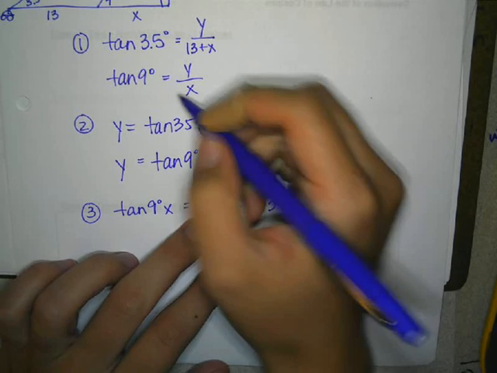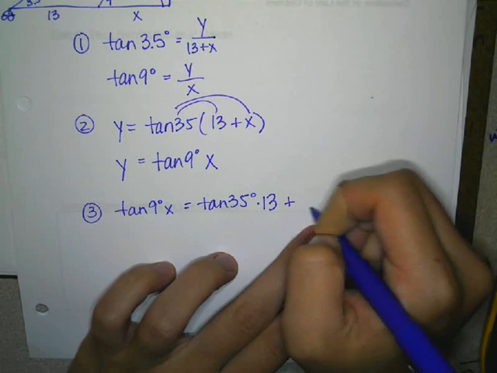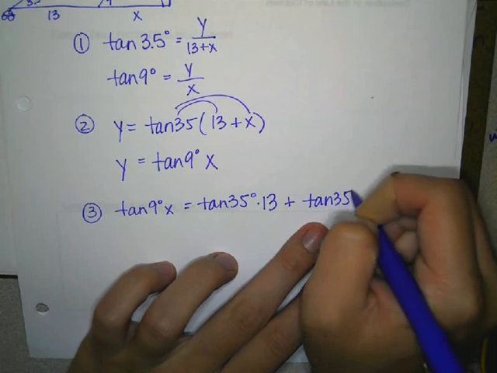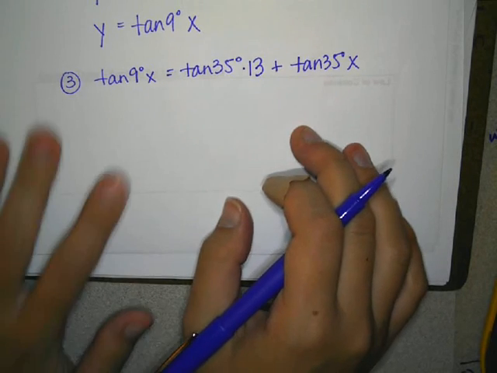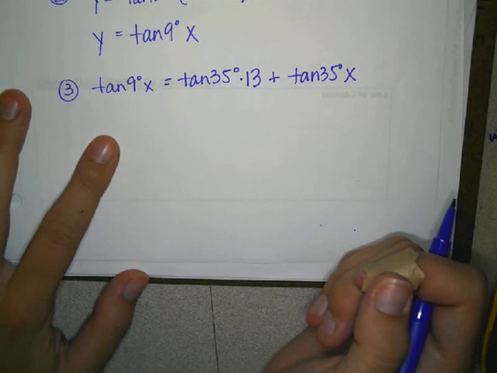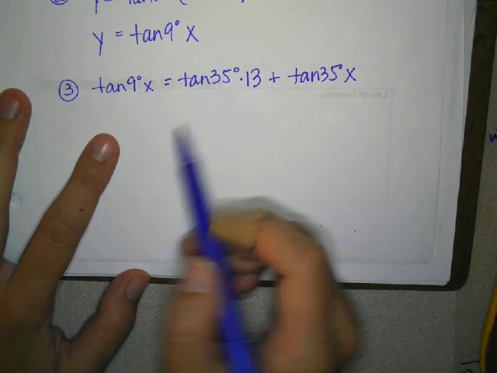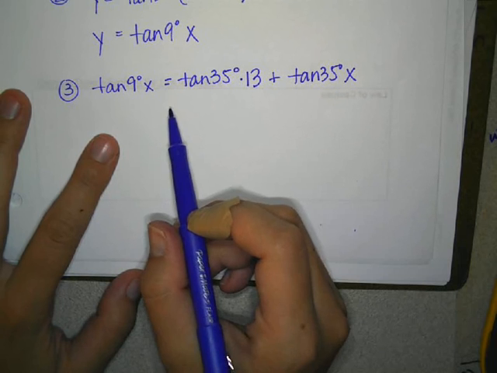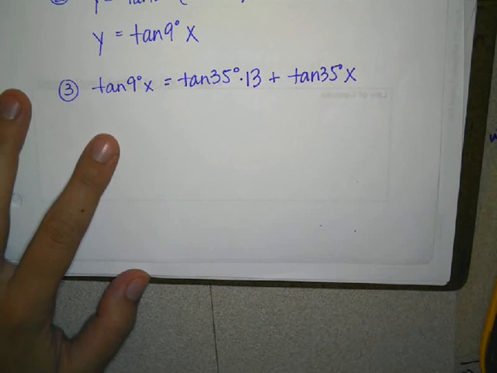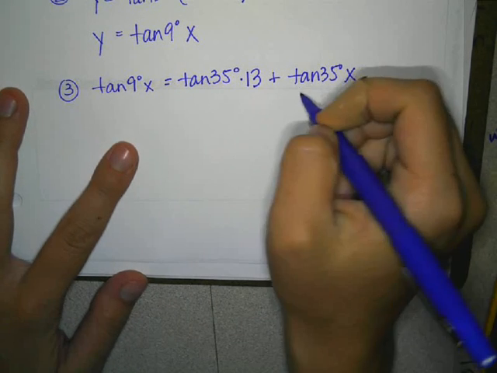And I'm going to go ahead and distribute those through. And now I'm going to solve for x. So this is where it gets a little bit tricky. I'm going to subtract tan of 3.5x.